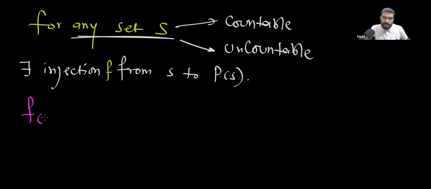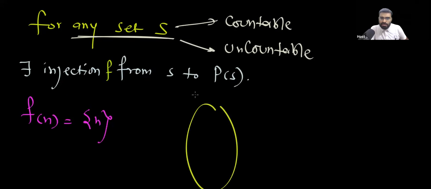That is like this: F of N is equal to the set containing N. Very simple. Whatever set you take, in this set you can have, for example, A1, A2, and so on.